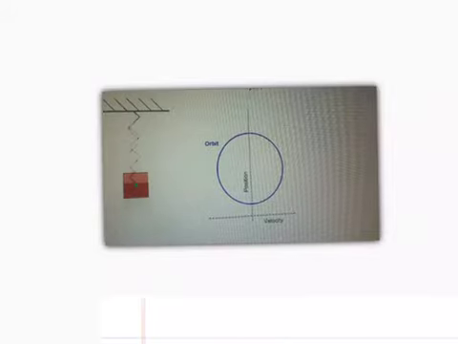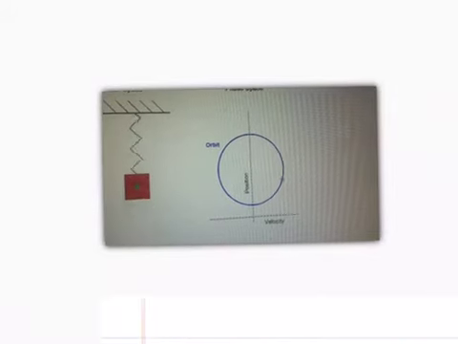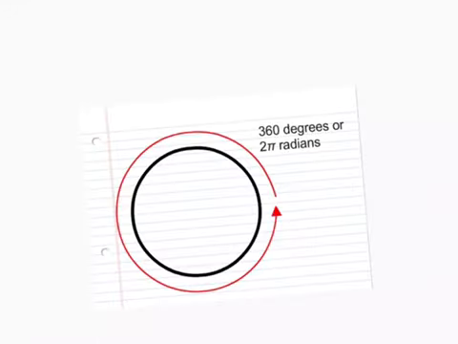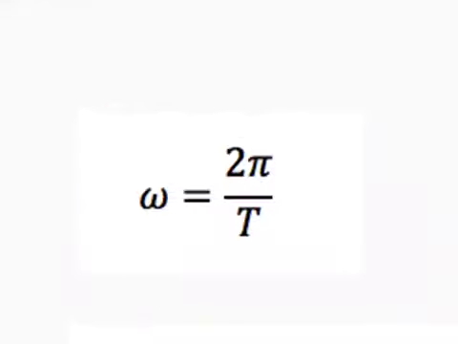Consider that in a full oscillation, a cycle goes around 2 pi radians. We can use this to find the relationship between angular frequency omega and period, or the length of time it takes for the pendulum or mass on spring to complete the full oscillation.